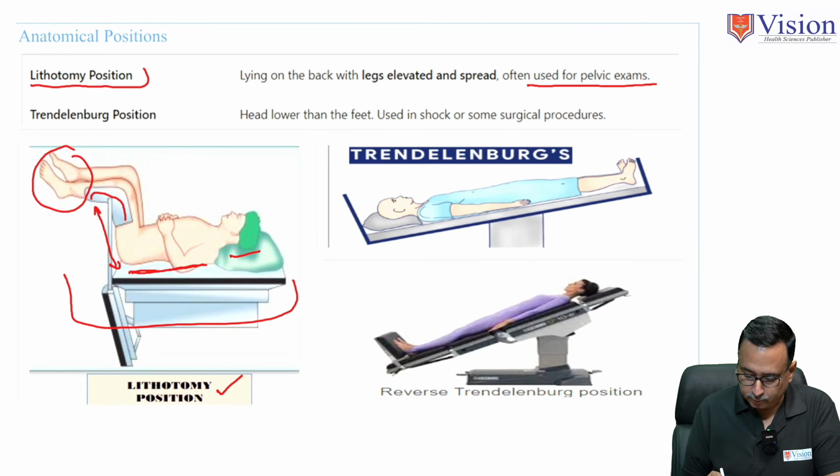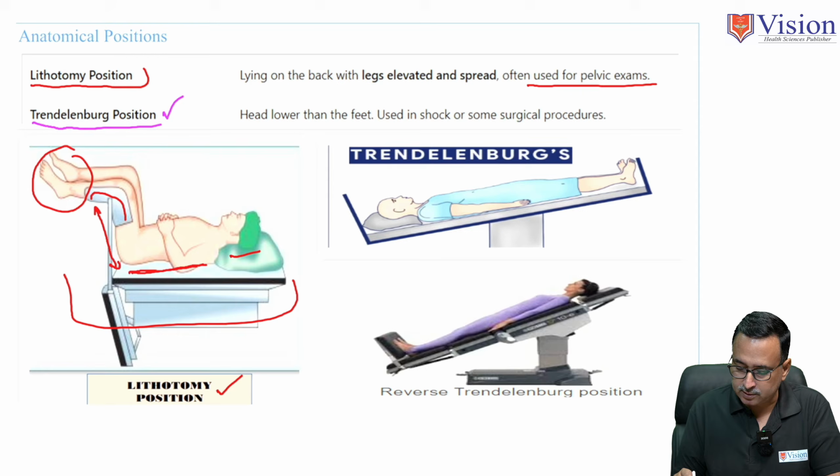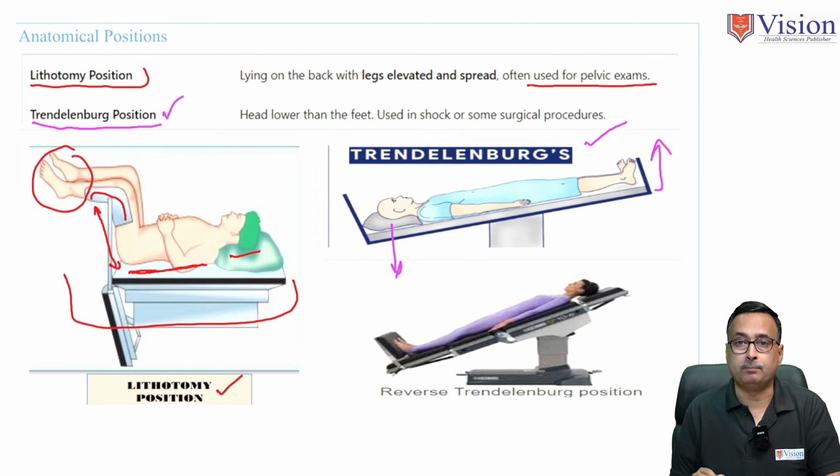Another important position in medical science is the Trendelenburg position. This position is the head down and feet elevated position. As you can see from this diagram, the head is downwardly tilted and the feet are elevated. The head is at a lower position than the feet.